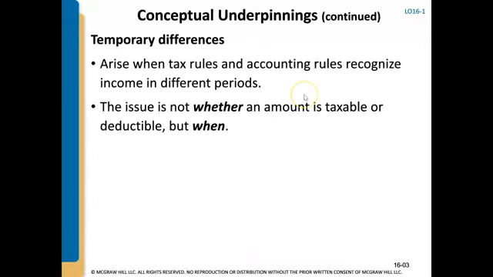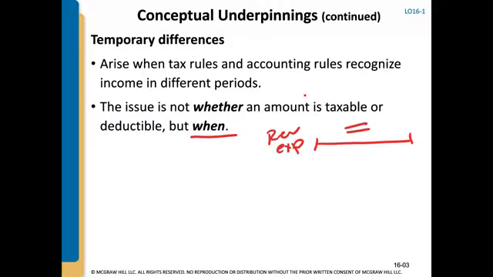Now, I previously said that when we look at the financial income statement, we have the revenues and expenses, which may or may not be adjusted for tax purposes. And some of those revenues and expenses, when they're adjusted, will overall, over a period of time, still equal the same amount as what we've reported for financial reporting. They just will be reported at a different time.